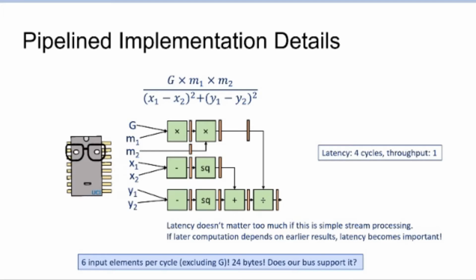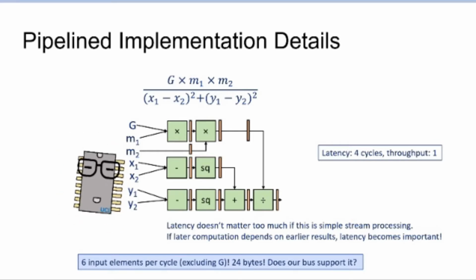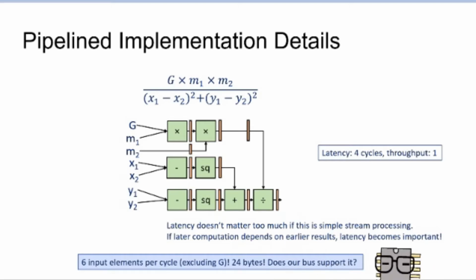But if this FPGA is being plugged into a bus, for example, a PCIe bus, or an AXI bus, maybe we'll have a chance to talk about AXI buses in a bit, or if it's plugged into UART, or into a USB controller, the data path may have a fixed width that is smaller than 24 bytes. So the question becomes, if our pipeline input has 24 bytes width, does our bus support it? This becomes an important problem.